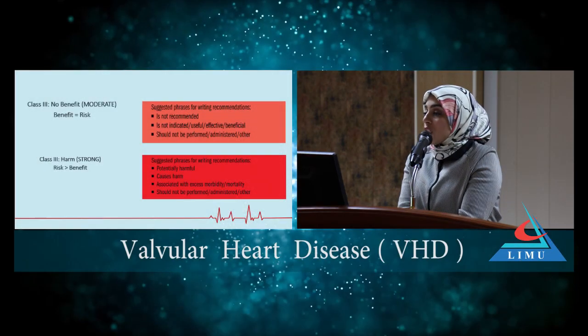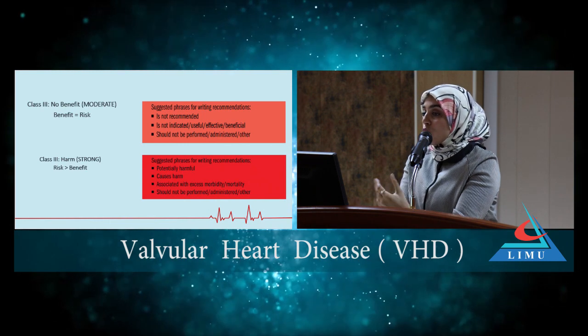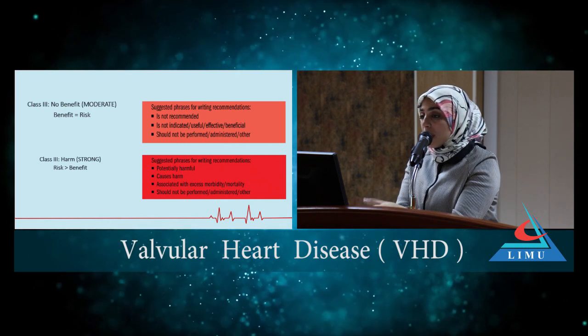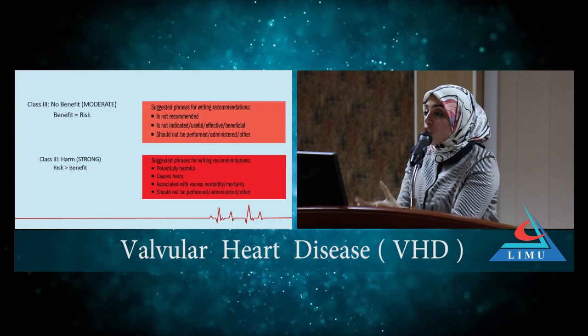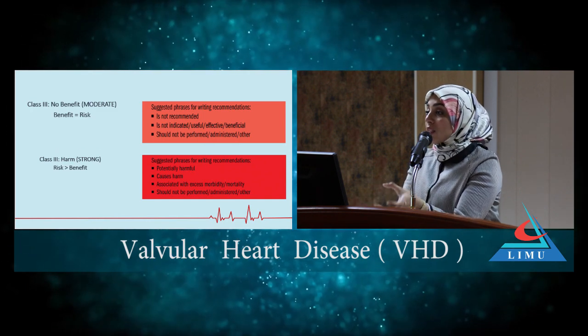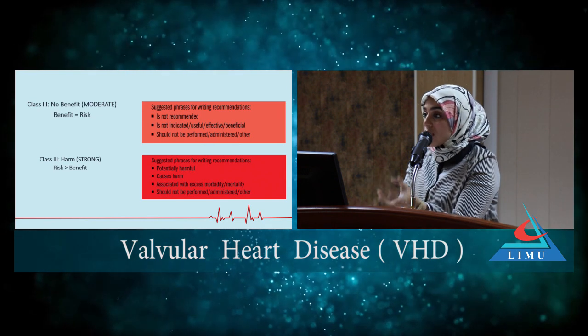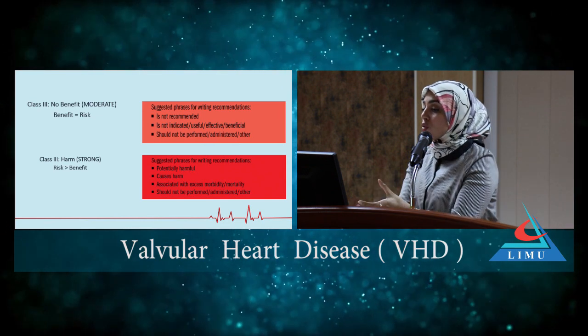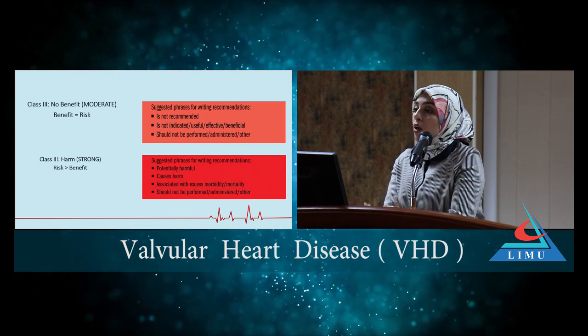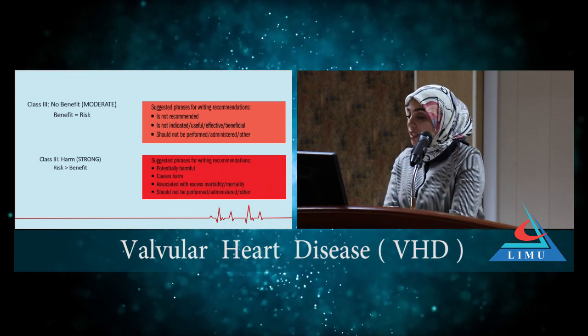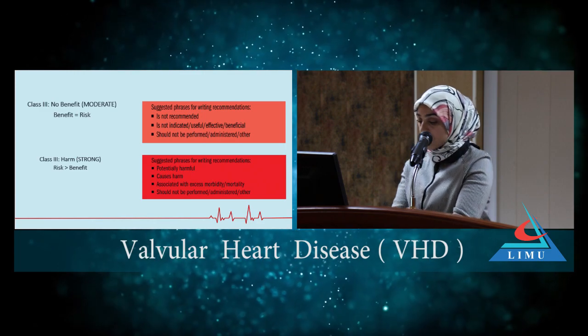For Class 3, moderate, where benefit is equal to the risk, writing recommendations for Class 3 we use phrases such as it is not recommended or it is not indicated or it's not useful or should not be performed. While for Class 3 strong, where risk is higher than the benefit, we'll use phrases such as potentially harmful, causes harm associated with a high percentage of morbidity or mortality, or should not be performed.